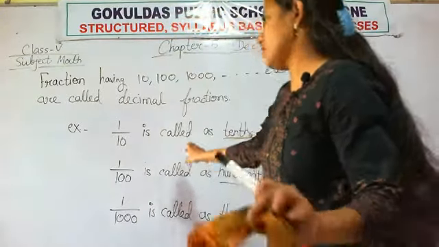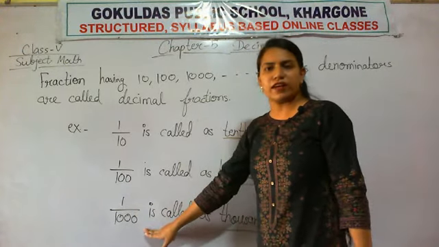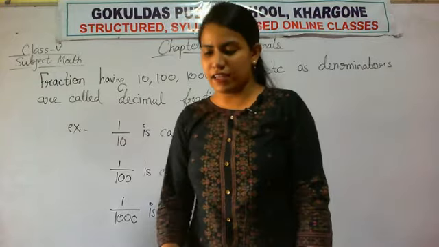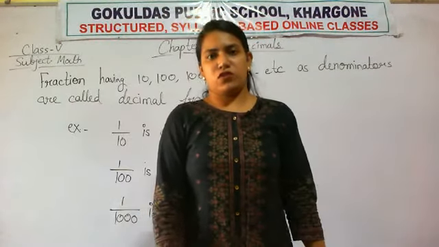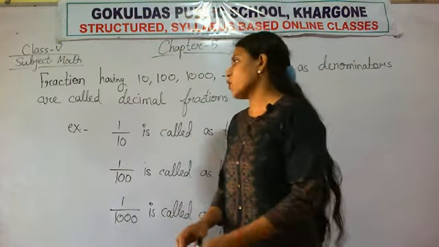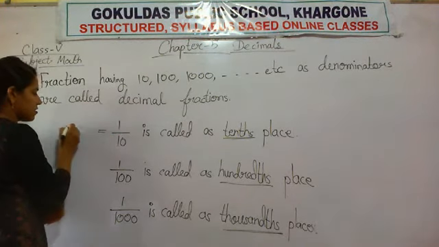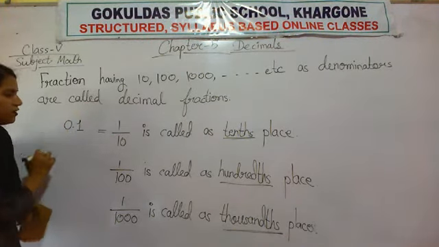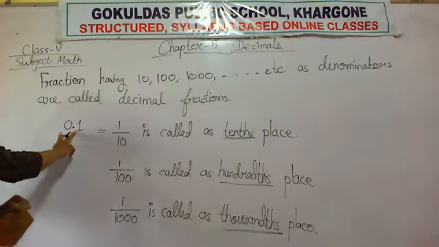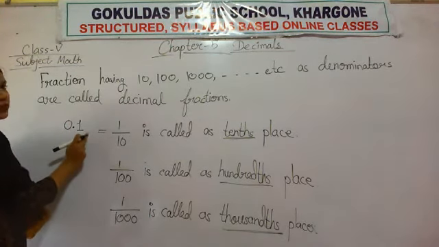Now these fractions, 1 upon 10 is a fraction, 1 upon 100 is a fraction, 1 upon 1000 is a fraction. These fractions can be represented as decimal numbers also. I can write 1 upon 10 as 0.1.